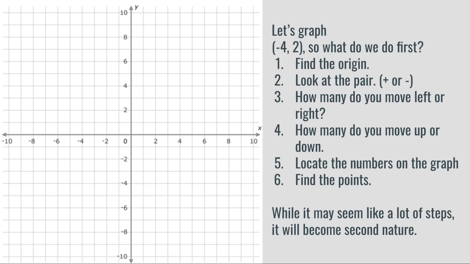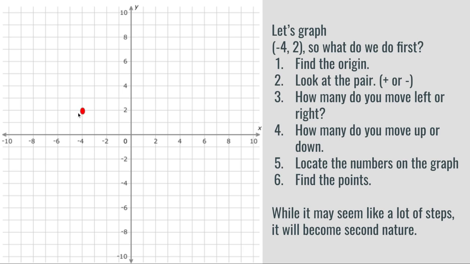So since the x value comes first, we know that we move 4 to the left. 1, 2, 3, 4. How many do we move up and down? We move 2 up because it is positive. 1, 2. Right here. We have located the numbers on the graph, and the point is there.